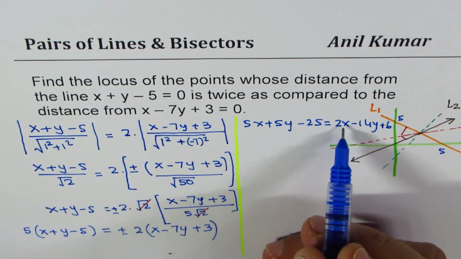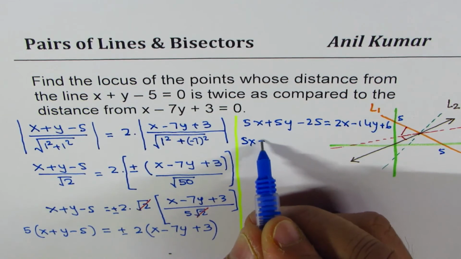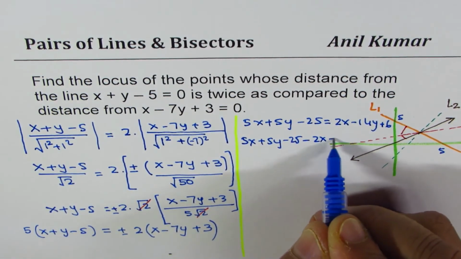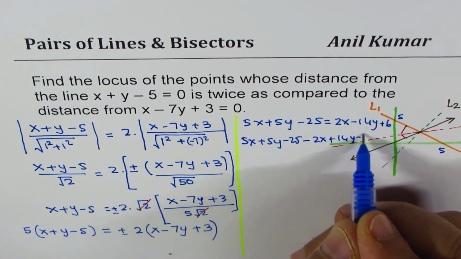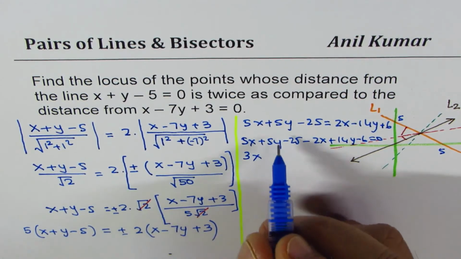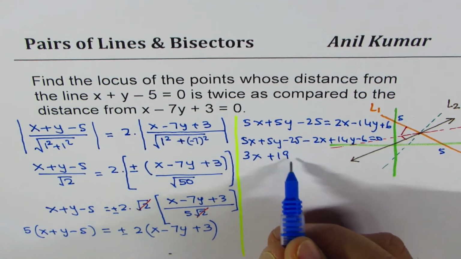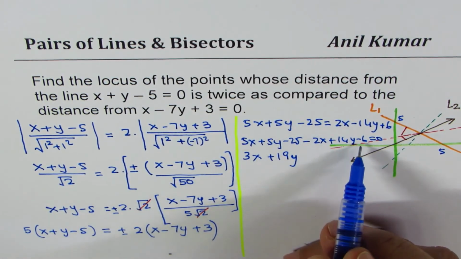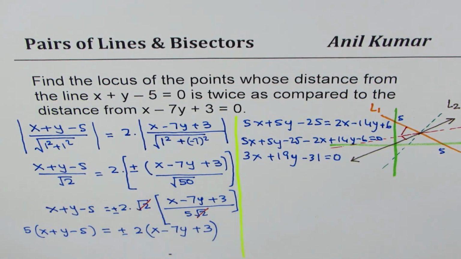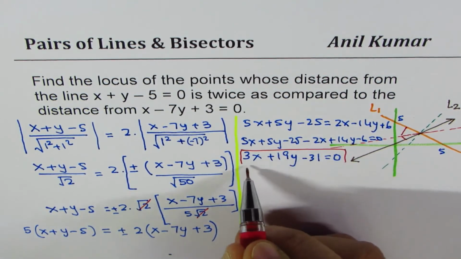Bringing the terms together: 5x plus 5y minus 25 minus 2x plus 14y minus 6 equals 0. 5x minus 2x is 3x. 5y plus 14y makes it 19y. And minus 25 and minus 6 makes it minus 31 equals 0. So that becomes one of the equations as our answer.